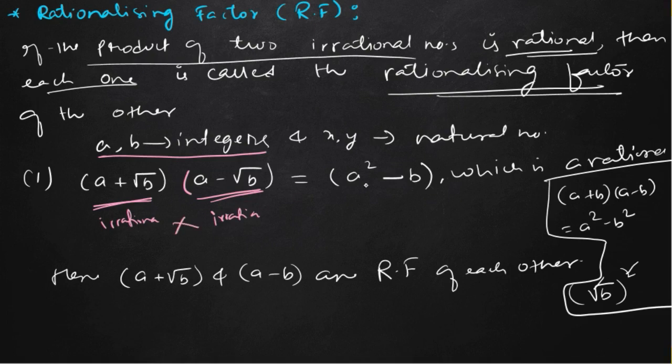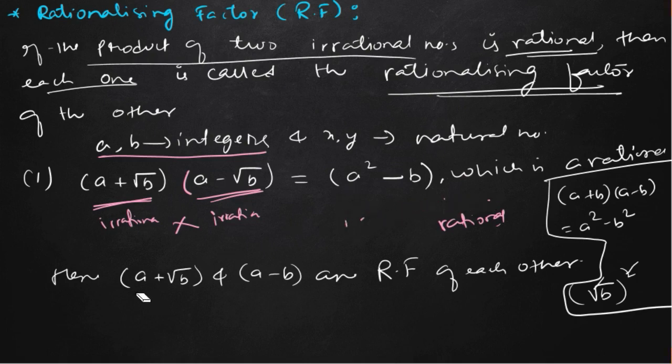If you multiply these two irrational numbers, the answer is a square minus b. As a is an integer, a square will again be an integer, and b is also an integer, and integer minus integer is again an integer. So integers are rational numbers. You can see that we have multiplied two irrational numbers and the result is a rational number, so we have got the rationalizing factor.